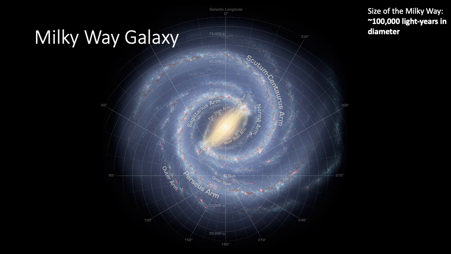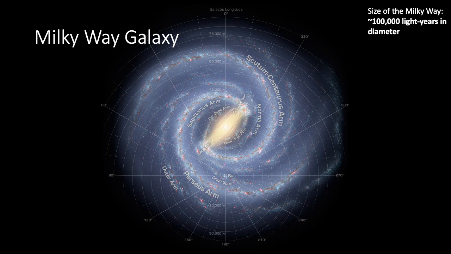And now we are taking our perspective and moving it inward from a diameter of 10 million light years to 100,000 light years. This is the diameter of just our Milky Way galaxy alone. Because the Milky Way galaxy is a spiral galaxy, you can see the arms that make up the Milky Way.